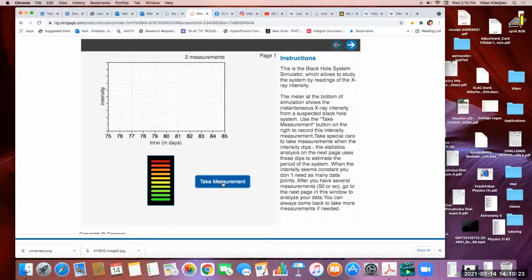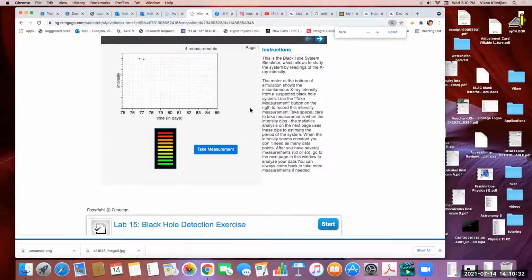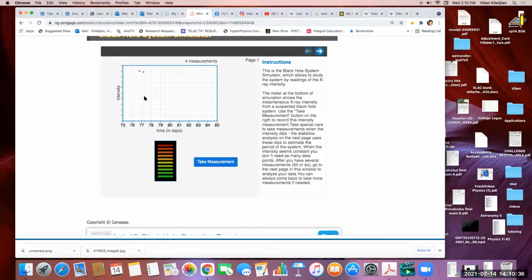Two measurements. Oh, it's dipping. Let's see here. Okay, so measurement. Okay, that one's constant. Oh, dips. Oh, constant.